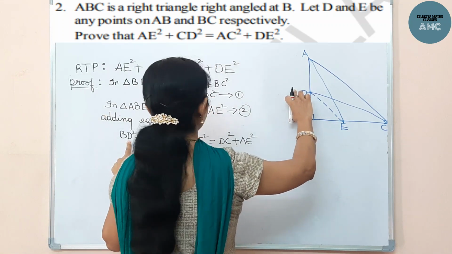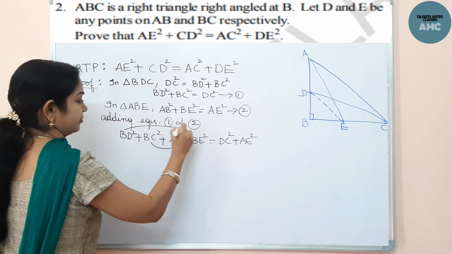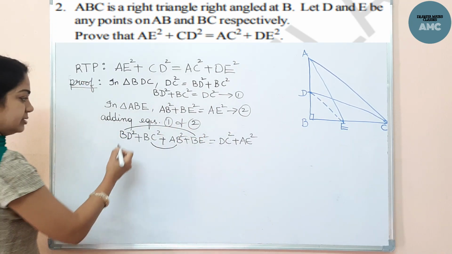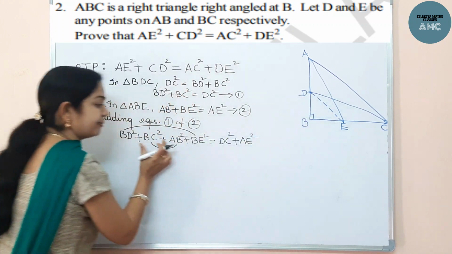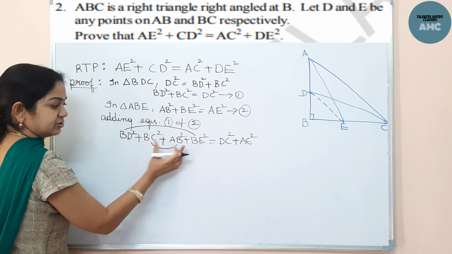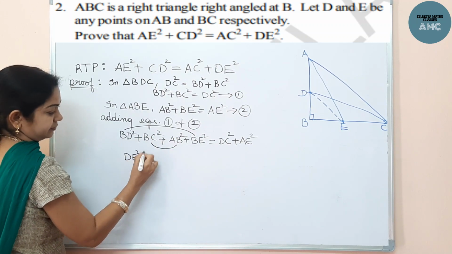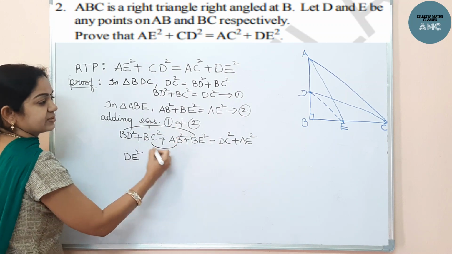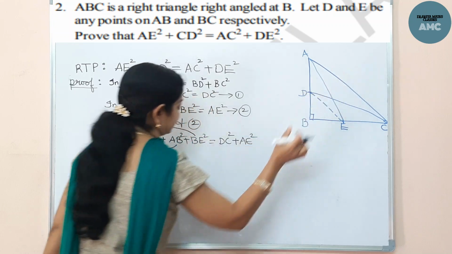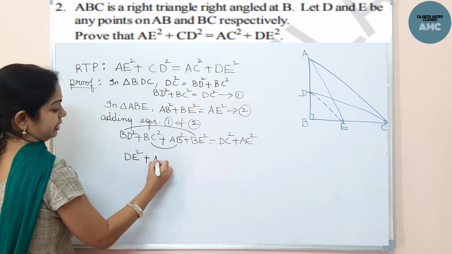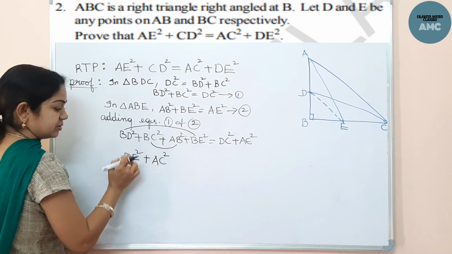BD square and BE square together are nothing but the hypotenuse, again applying the Pythagoras theorem to this part. So this comes to DE square. And BC square plus AB square is equal to AC square. These two are equal to AC square, and these two are equal to DE square.